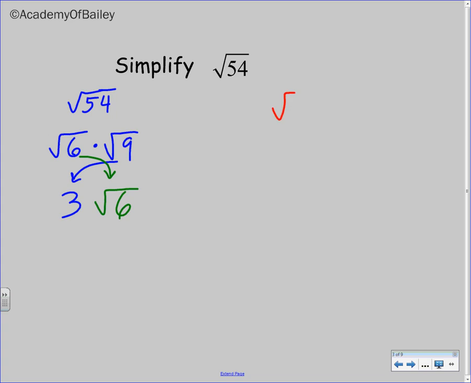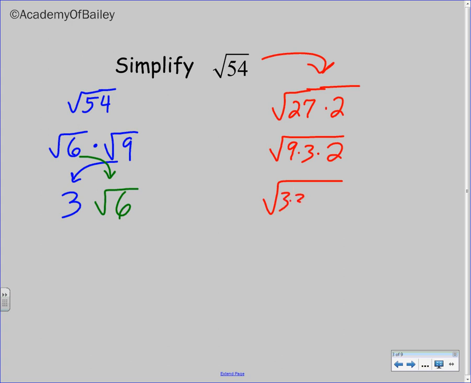The other method you could have used was the square root of 27, times 2, that's 54. And the square root of 27 breaks down into 9 times 3. And then there's the 2. And the square root of 9 breaks down into 3 times 3. And then we drop down this 3 and this 2.